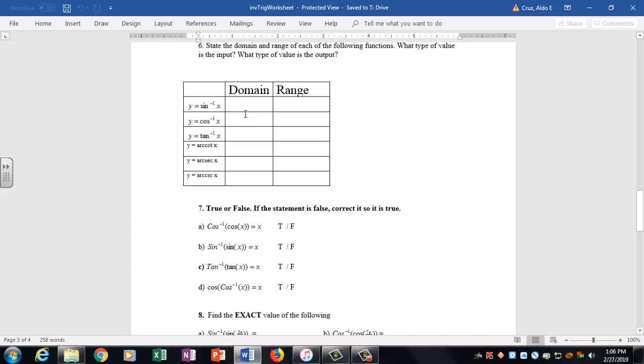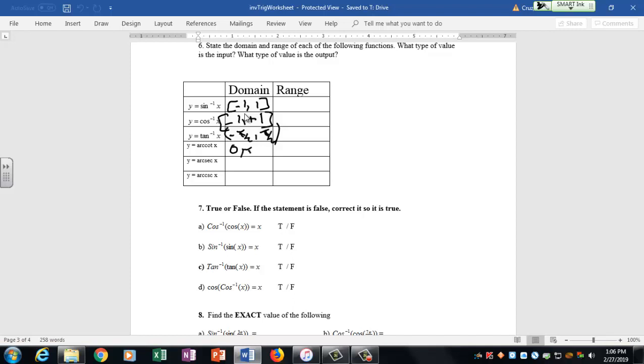I'll just give them to you now because we have a few more minutes. Domain is negative 1 to 1 for sine and cosine. Tangent is negative pi over 2 to pi over 2. Notice that those are parentheses, not brackets, because negative pi over 2 to pi over 2 is an asymptote.